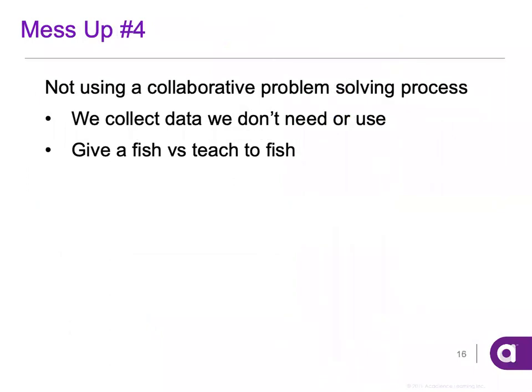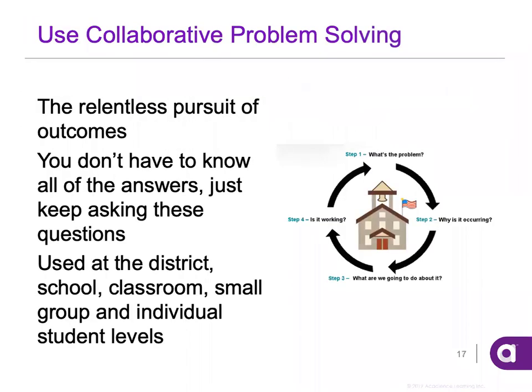Mess up number 4 is not having a problem-solving process for using your data. So I've been talking about spending time as a grade level team, but how you structure that conversation is going to either help you to be able to manage and approach all of the future issues that come up to your grade level or to your school, as well as the issues that are presented with individual students.